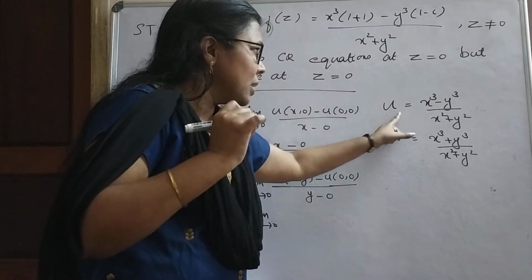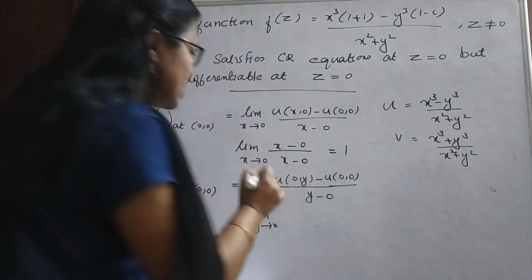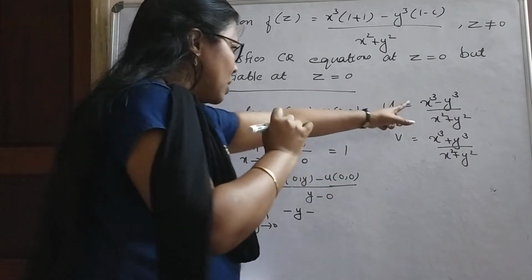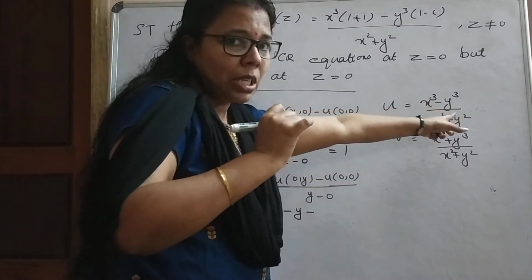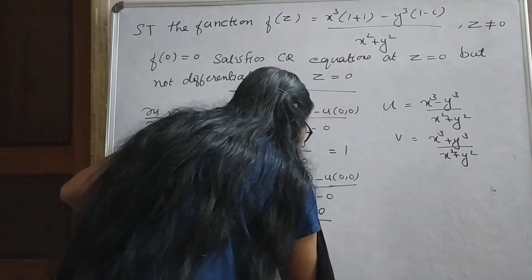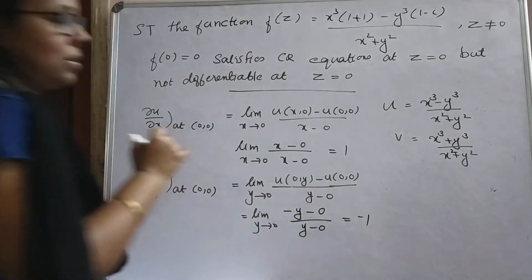Therefore we get minus y cube by y square, which is equal to minus y. u(0, 0) is putting both x and y as 0. Therefore we get 0 by y minus 0, which is equal to minus 1.